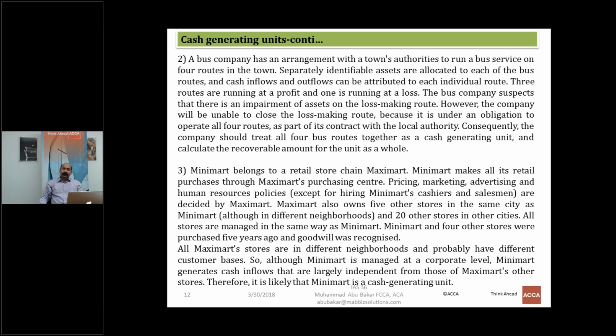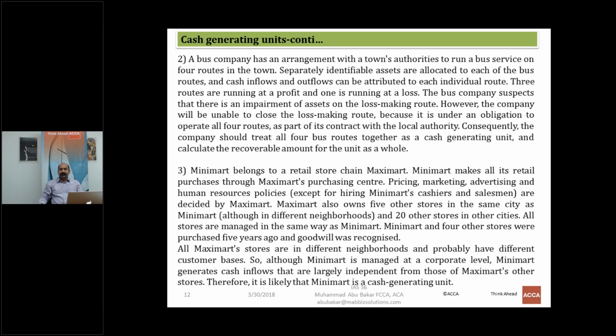A bus company, see, the key point will be the significant generation of independent cash flows. Like a bus company has an arrangement with a town's authorities to run a bus service on 4 routes in the town.